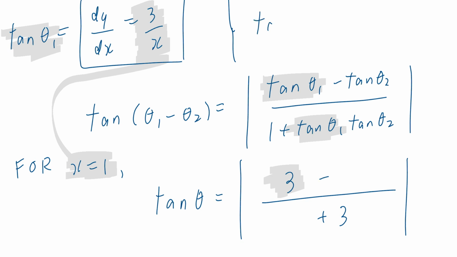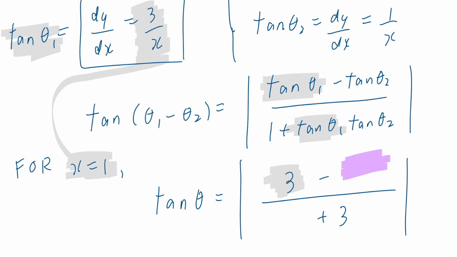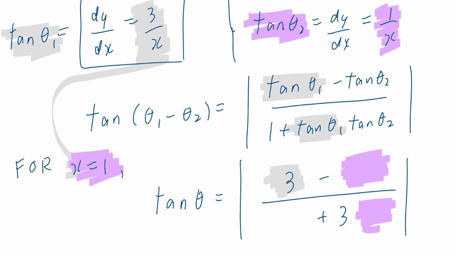Again, tan of theta 2 equals dy by dx, which we wrote down as 1 divided by x. So in this case, tan of theta 2 means you plug in x to be 1. So 1 divided by 1 is going to be 1, and that's part of the formula.